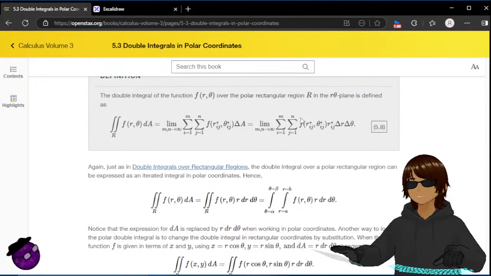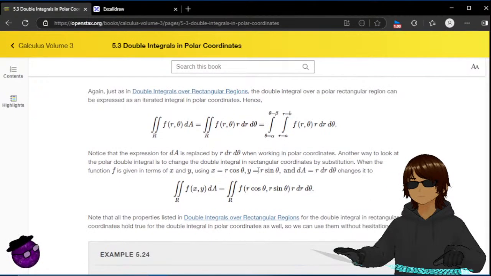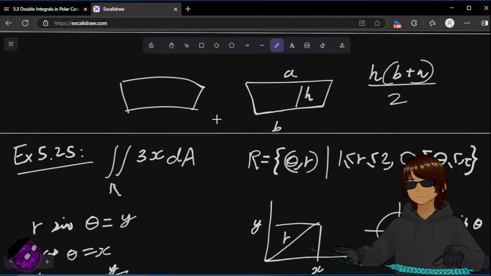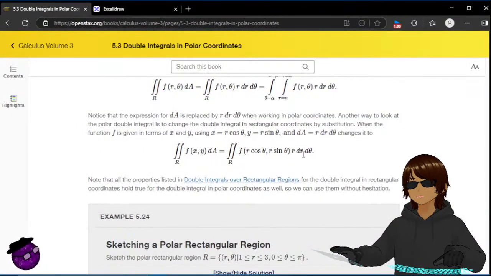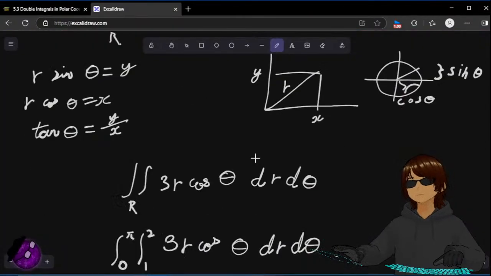Okay, no, wait, they added the r at the end. That's where the r came from. So if I want to change dA to dr d theta, I have to add r at the end.